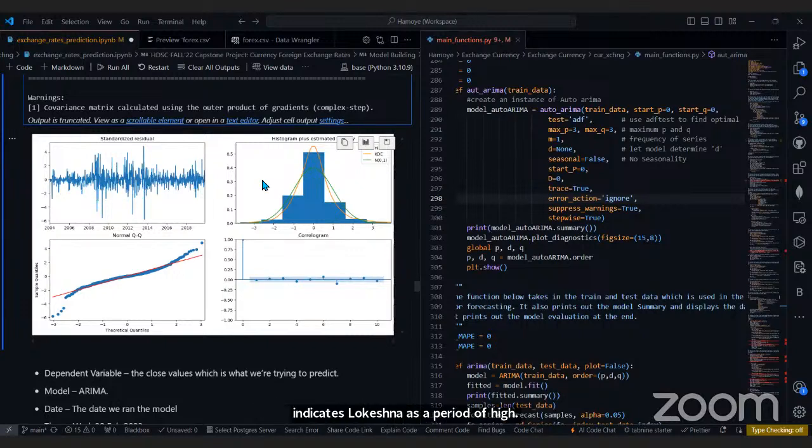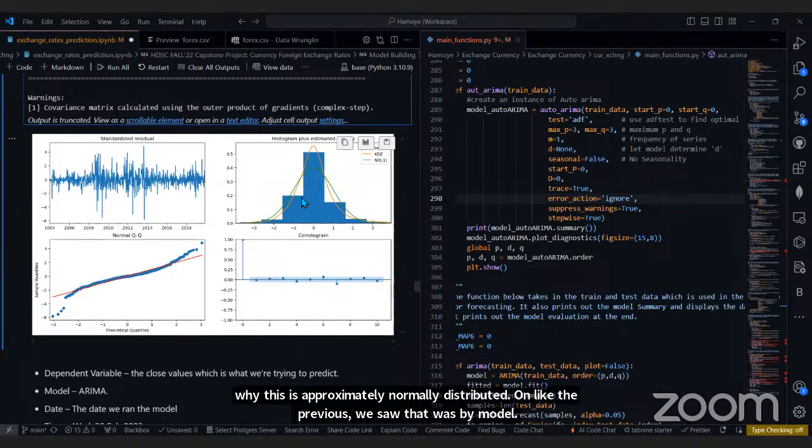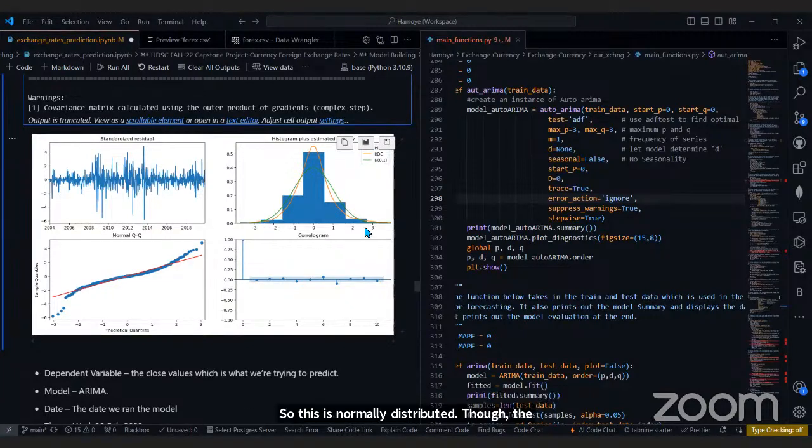Then we have the histogram plots with some density plots on it. Let me just summarize this. This is centered around 0 with no clear pattern, suggesting a good fit. It is approximately normally distributed, unlike the previous one we saw that was bimodal, though there might be slight deviations in the tail.